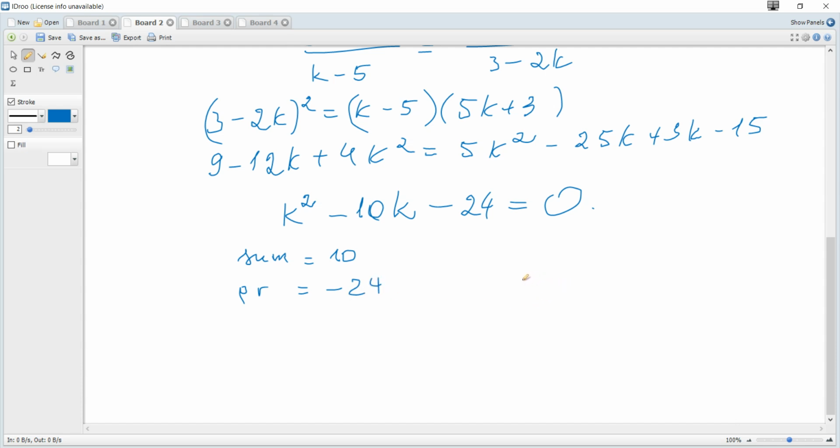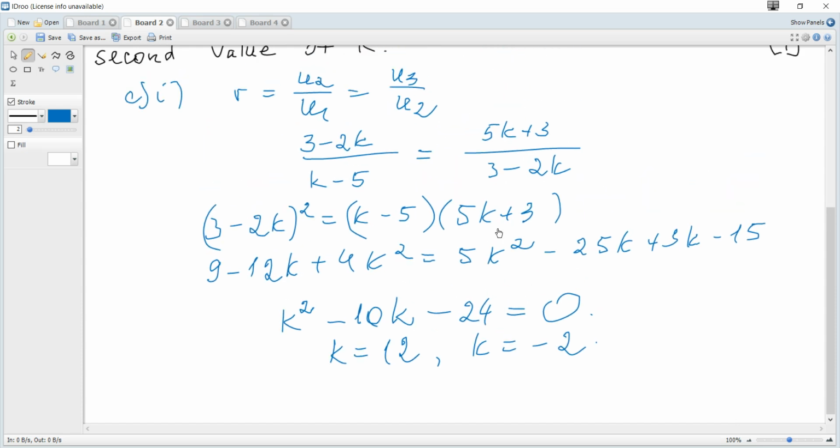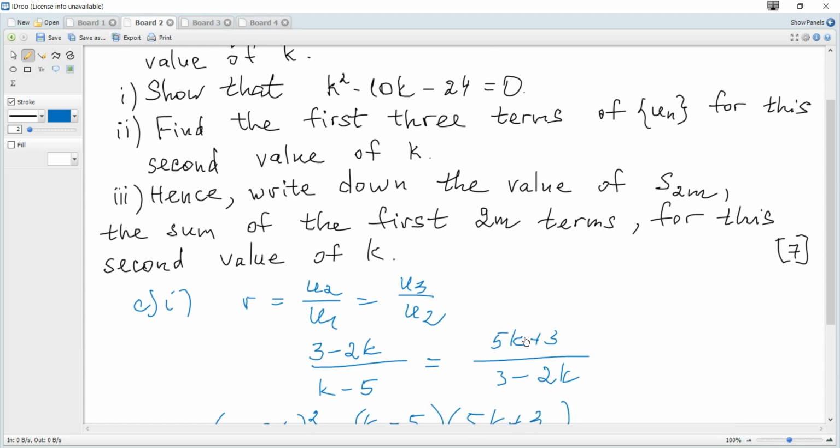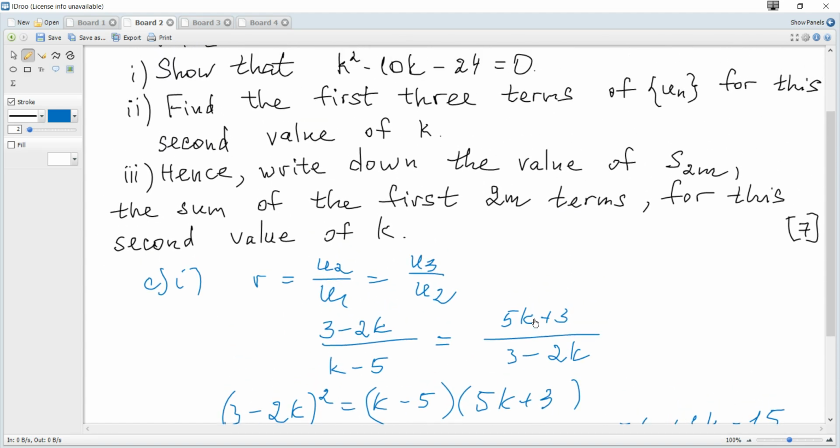For the product to be negative 24 and the sum to be 10, it's 12 and negative 2. So the roots are 12 and negative 2. So the second value of k is negative 2.